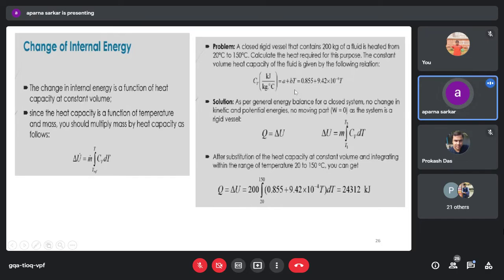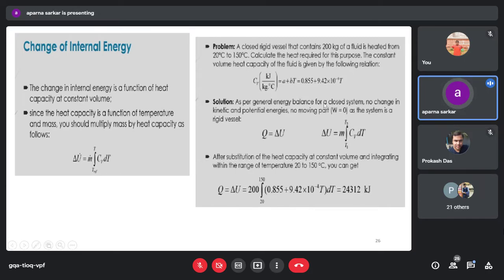Now for this Cv calculation, A and B values are given: A is 0.855 plus 9.42 B, and temperature T is given. From this we need to calculate the value of Cv, and when we have the Cv value, we know T and T reference, where T reference is 20 and T is 150.